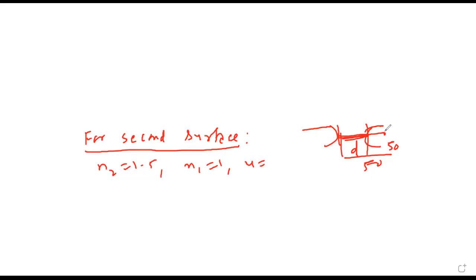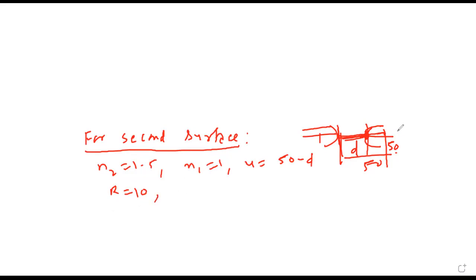Because if we get that, then our problem is solved. This is going 50 here. So total distance from this end we want. This is 50 from here. Can I say 50 minus d? Yes, so it is 50 minus d object. And radius is 10 on the right hand side.